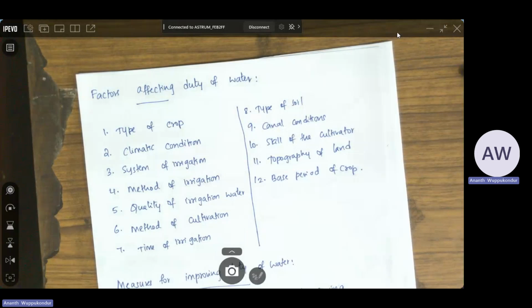Now, what are the factors that impact the duty of water that is applied?